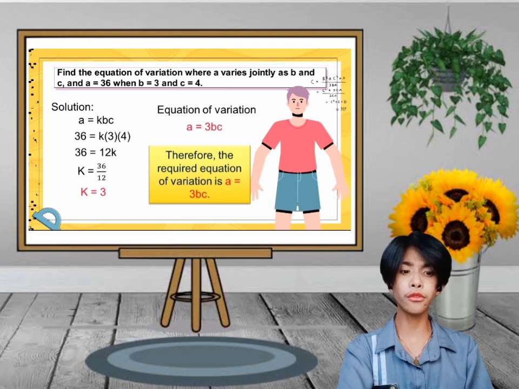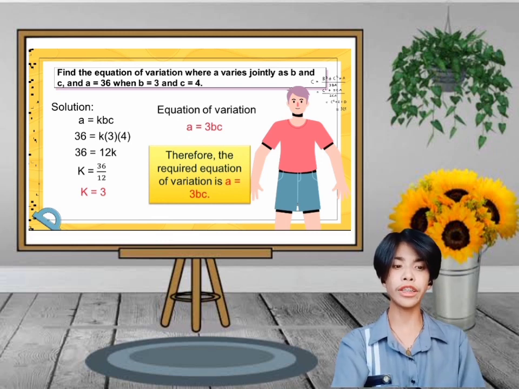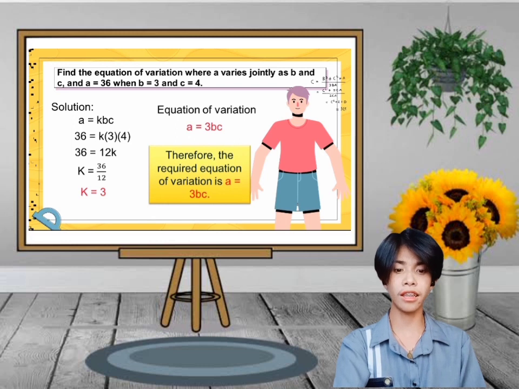So, in order to find the constant of variation, we substitute the values of A, B, and C. A is 36, B is 3, and C is 4. And then, simplify it. To solve for K, divide both sides by 12. The constant of variation is 3.